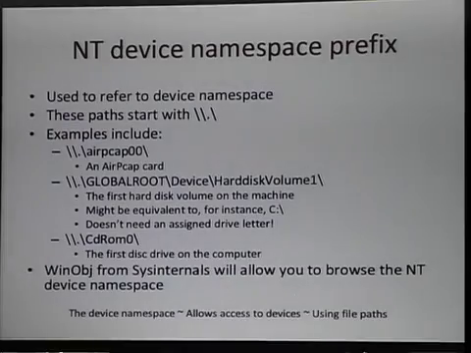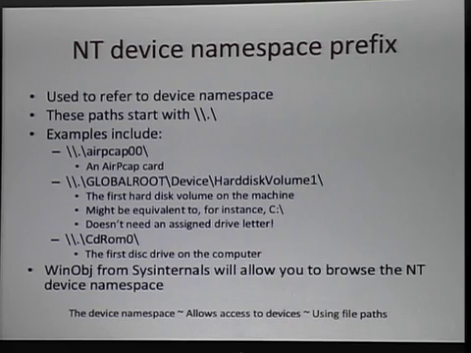That points to the first hard disk volume, the second starting from 0. The second hard disk volume on the computer. So we're able to access hard disk volumes using this prefix. And this looks completely different from what you would expect C:/ to look like, but it might actually be identical.